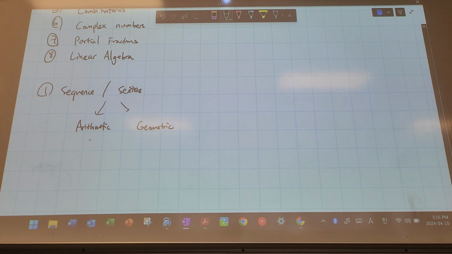Arithmetic is about addition, and geometric is about multiplication. If you can summarize those 2 topics into one word, remember the common difference for the arithmetic, and for the geometric it is the common ratio.